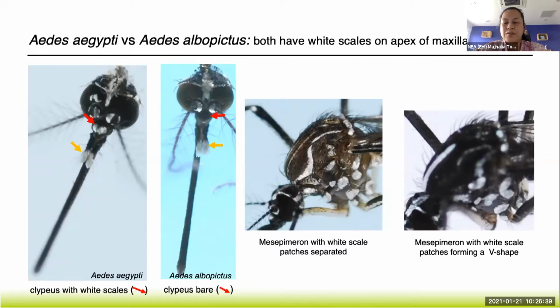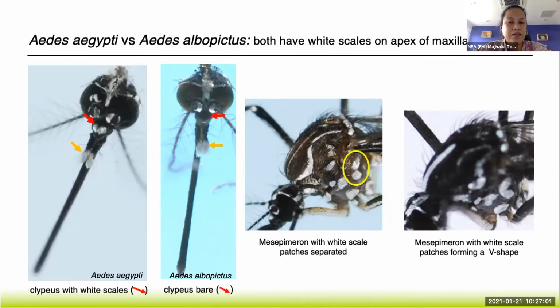Okay? So when you're trying to differentiate between Aedes aegypti and Aedes albopictus, you have to look at the mesepimeral white scale patches on the side of the thorax. So this is Aedes aegypti. And what do you notice about the mesepimeral white scale patches?